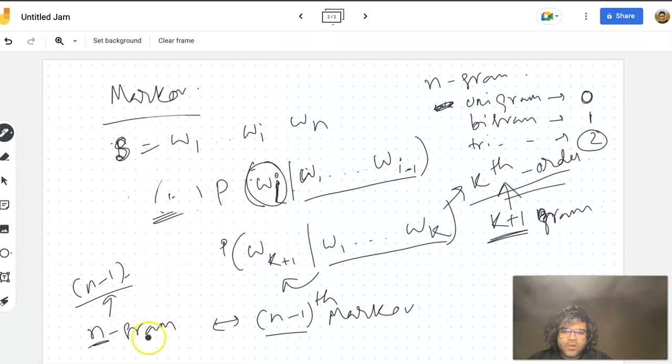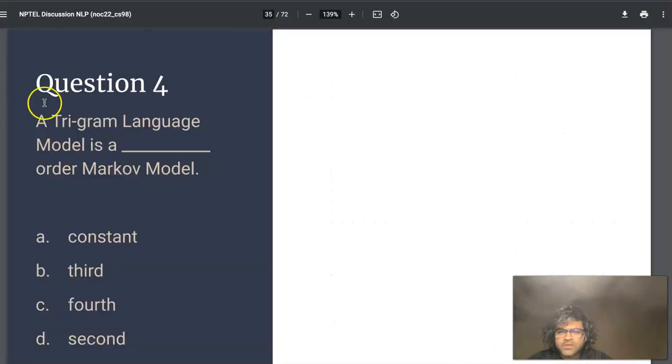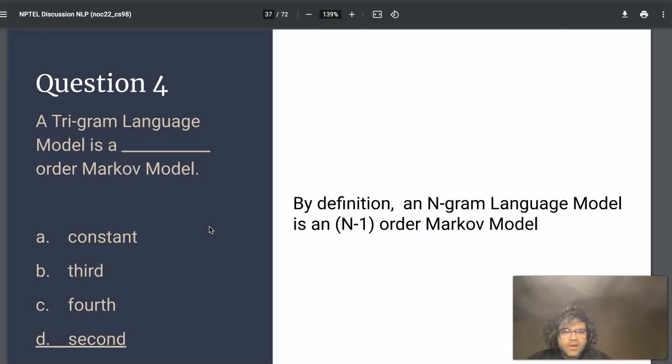An n-gram model is an n minus 1 order Markov model, so just minus 1. A trigram model is a second order Markov model. Trigram is 3, so 3 minus 1 is second order. So the answer is second. By definition, an n-gram language model is an n minus 1 order Markov model.